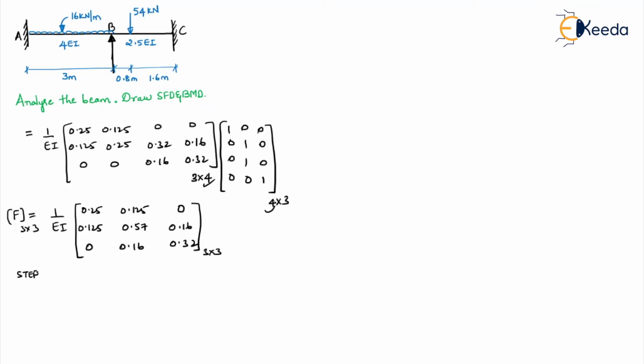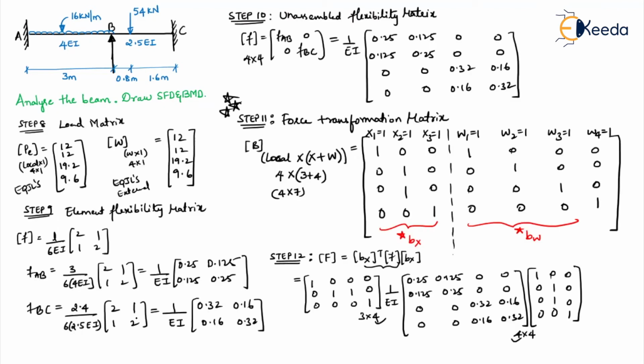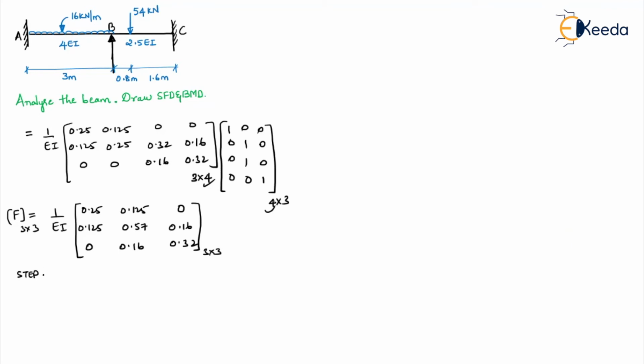Then once you're done with your F matrix, step 12, that is your step 13, you have to do your F inverse. F inverse. So what is it? Adjoint A by determinant of A, if you take this as your A matrix, right? So you know the procedure of doing it. We have done many of the problems in your stiffness method.